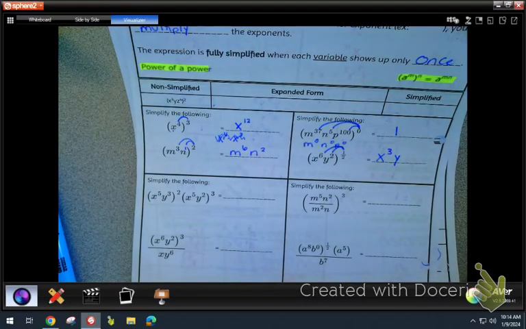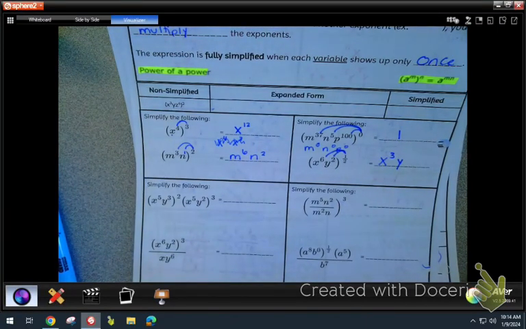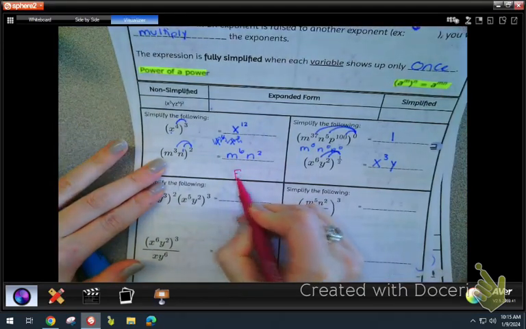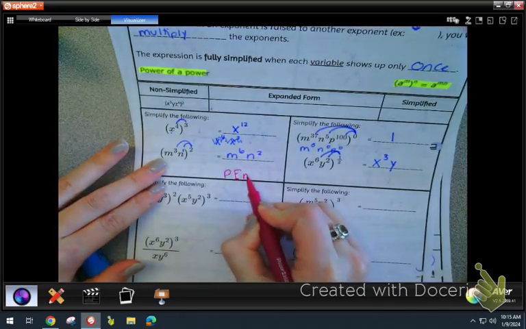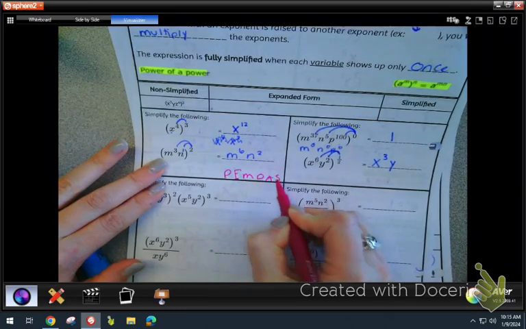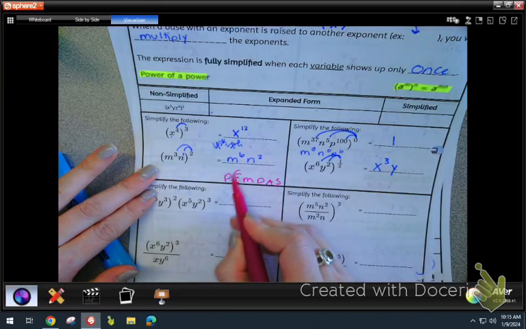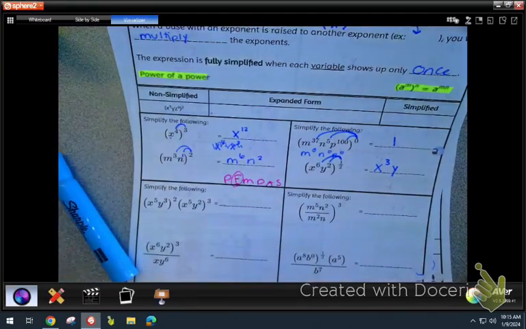These are some combo rules here. I want you to think about how you have to follow PEMDAS. What is PEMDAS? Order of operations. P-E-M-D-A-S, which means outside exponents are the E, so they need to be happening first.